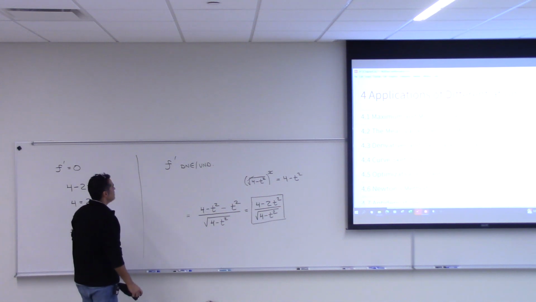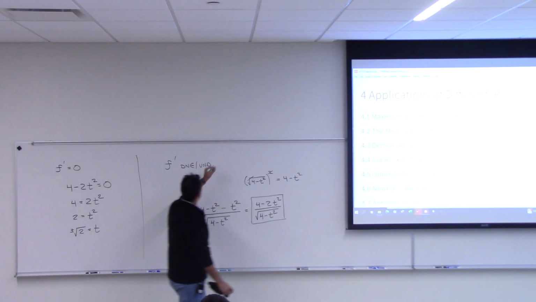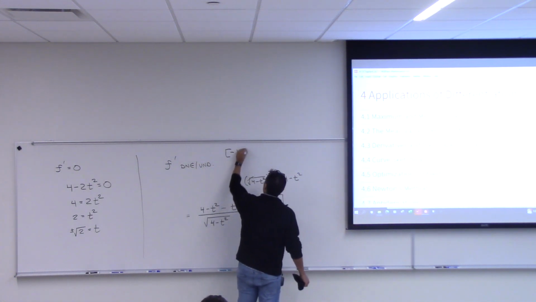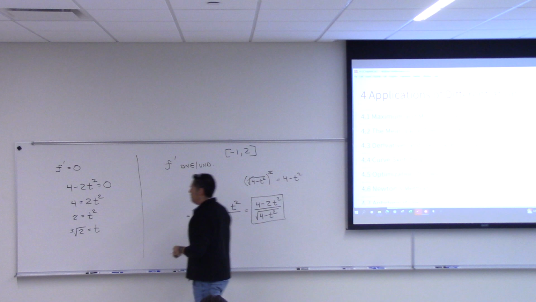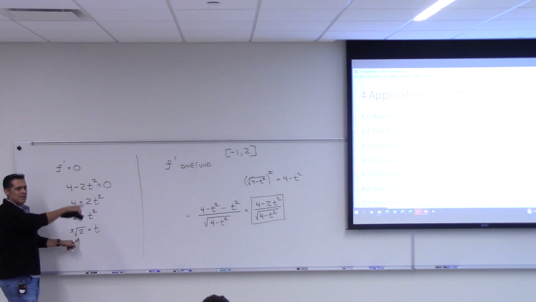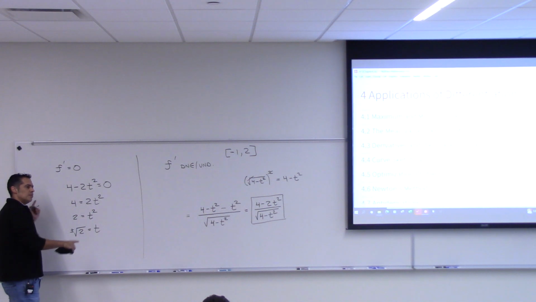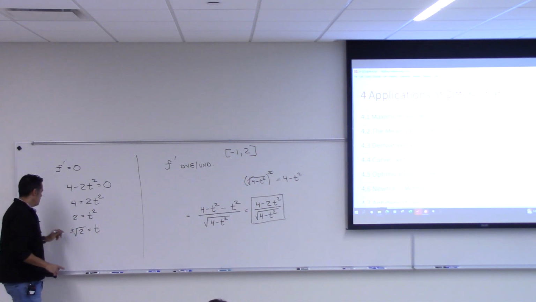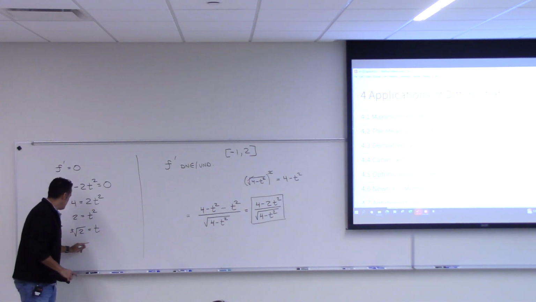And I have to remember, what was the interval? Negative 1 to 2. And so only one of these lives in that interval, the positive square root of 2. The negative square root of 2 is too far to the left. So my only answer for a critical number is this, right?